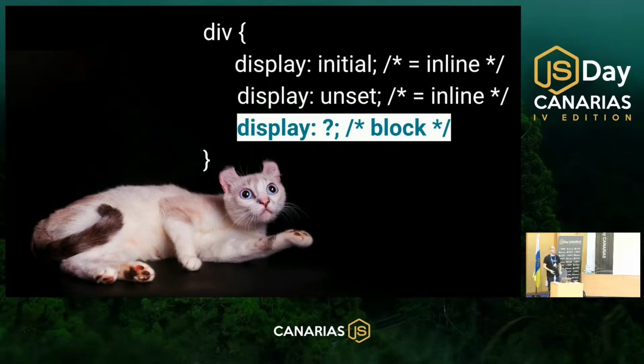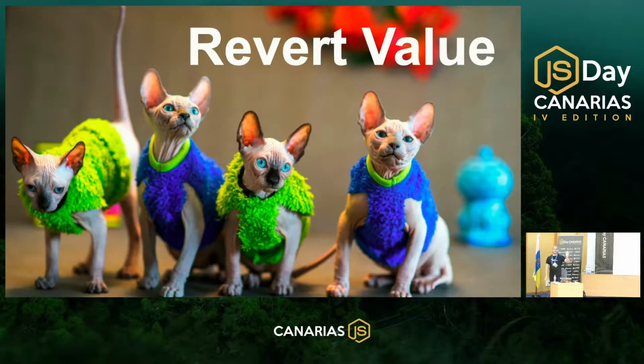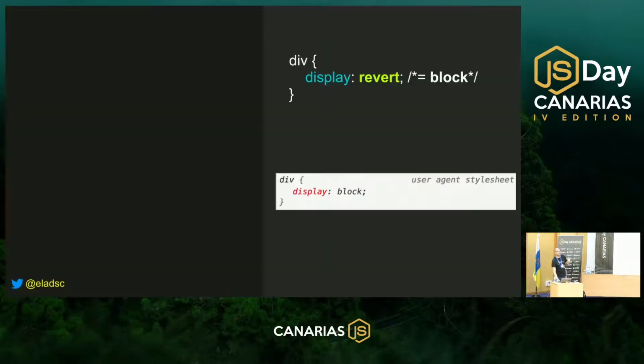Of course you can. And for that, we have our last, fourth value. I'm talking about the revert value. And the revert value works in a really special way. If I'm using the revert value on the display property of the div element, it will first search for the default style that I have in the user agent style sheet.